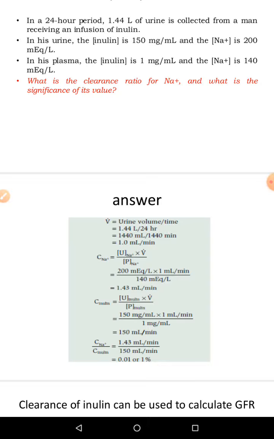So therefore, sodium is a substance that cannot be filtered, or if it is filtered, it's subsequently reabsorbed. That's what it means, which is true. Sodium can be filtered and can also be reabsorbed.